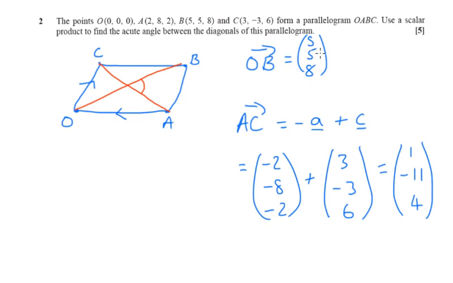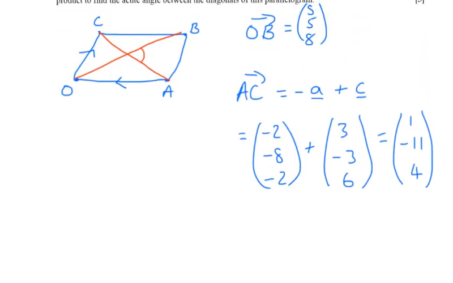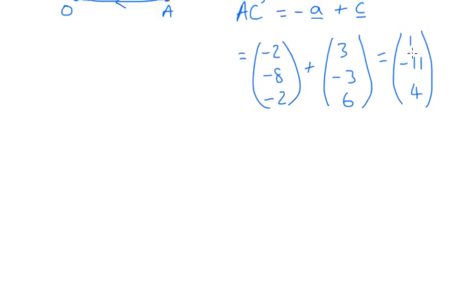So we've got O to B now, and we've got A to C. The next job is to remember how to find the angle between 2 vectors. The angle between 2 vectors, if we're dealing with O to B and A to C, is the dot product over the magnitudes, which equals cos of the angle.